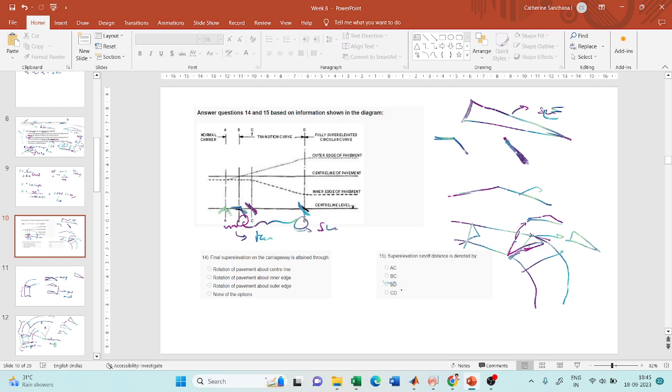Now, based on my explanation, you would have thought that BC is my super elevation runout, right? Many of you would have felt that. Why did I say that BD is the super elevation runout and not BC, even though this slant has already been attained here? Does anyone want to try to answer this question?